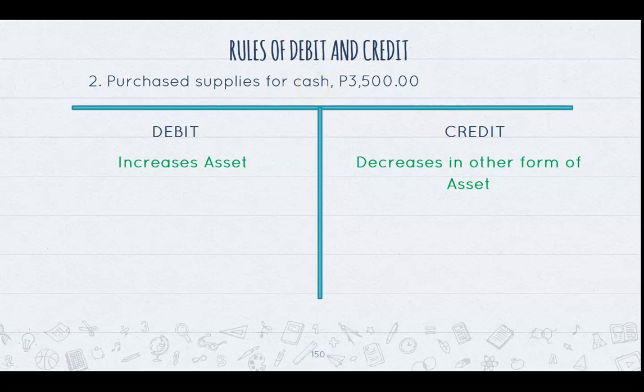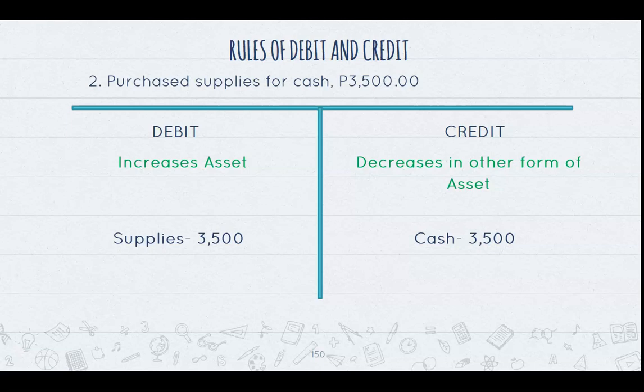Always remember that if we have something had been received, we have something to be parted of. Okay? So, ano yung ating entry sa debit and credit? Debit supplies, 3,500 and credit cash, 3,500. Okay?